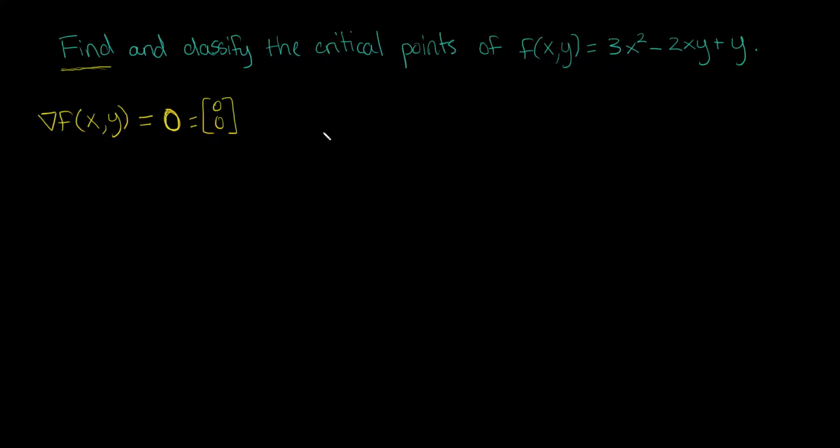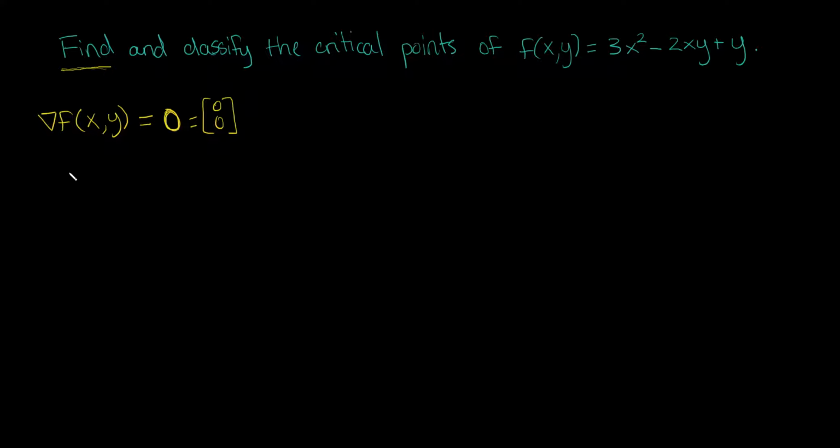This means that there is a flat plane, so either we have a maximum, a minimum, or, if we remember, a saddle point. But we'll go on to classify our critical points later. For now, let's just find them.